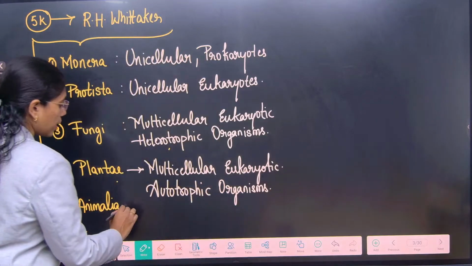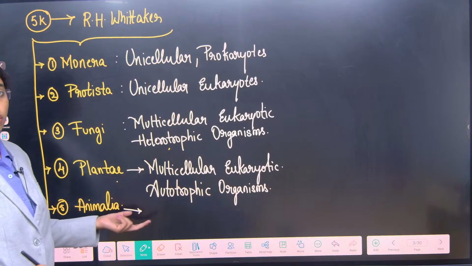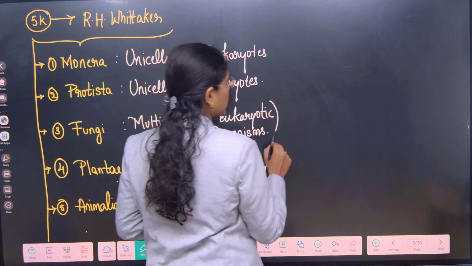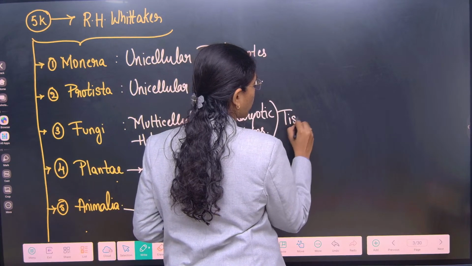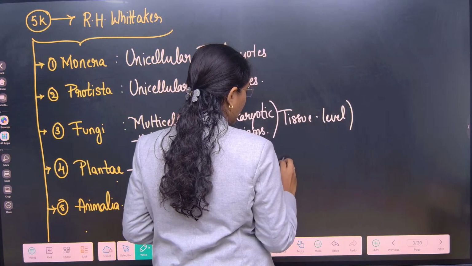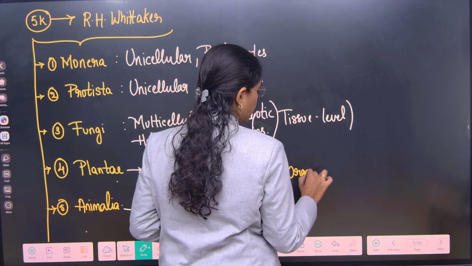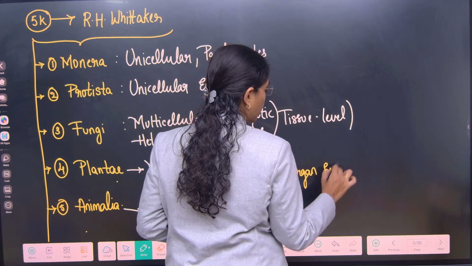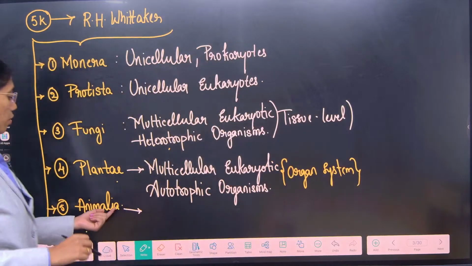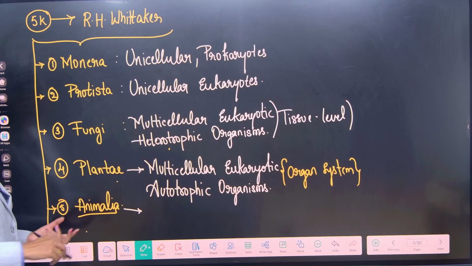And then kingdom Animalia, you know, it includes multicellular eukaryotic heterotrophic organisms, but fungi has what type of organization? Tissue level of organization. Here it is organ system level of organization. Here it is above organ system level of organization. In Animalia, it includes organism level of organization.